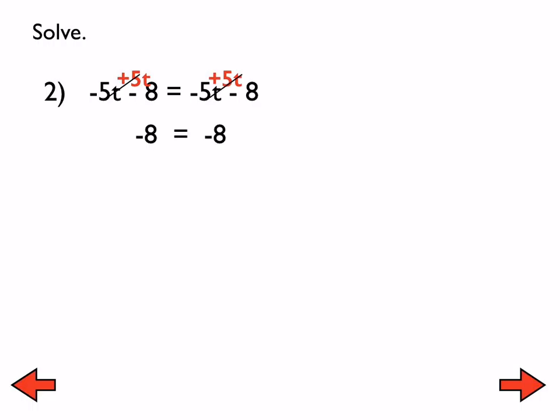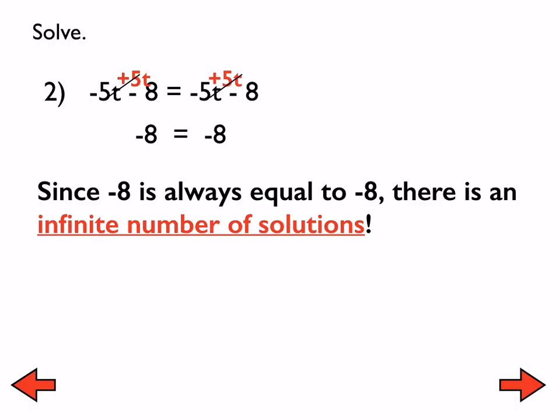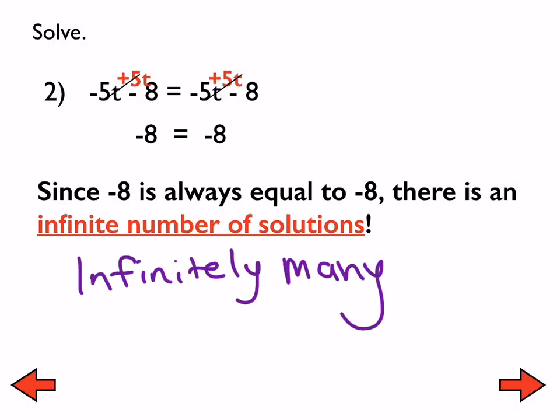So since this is always true, this is called infinitely many solutions, is what you'll mostly see. This means that no matter what number you plug in for t, it's always going to be number equals same number. It'll always be true.